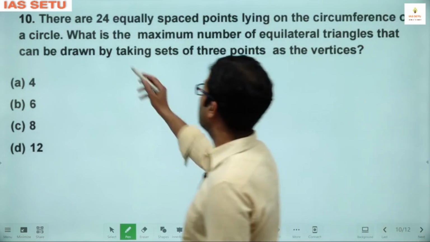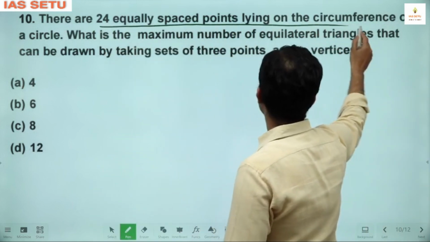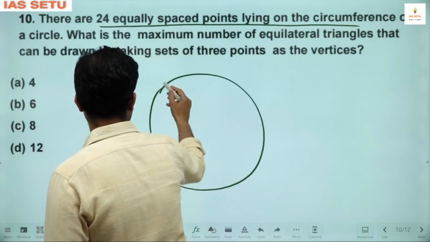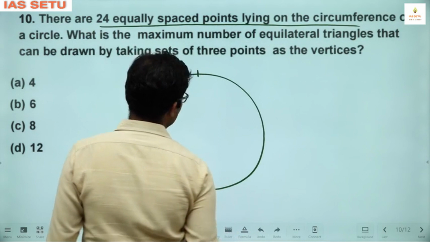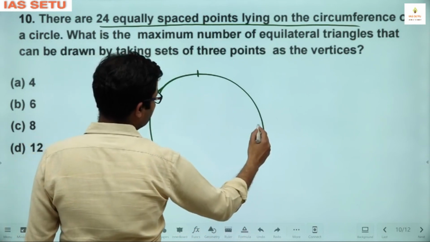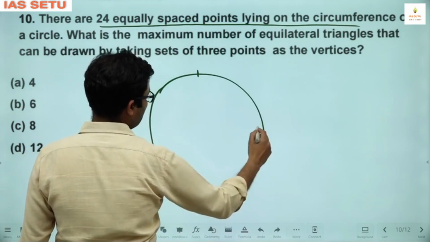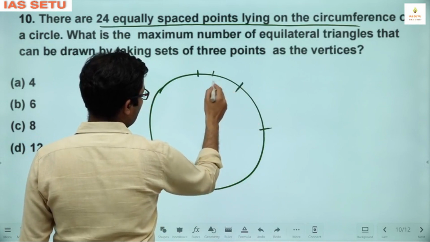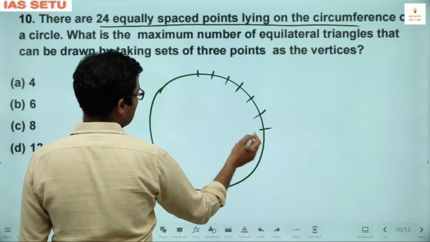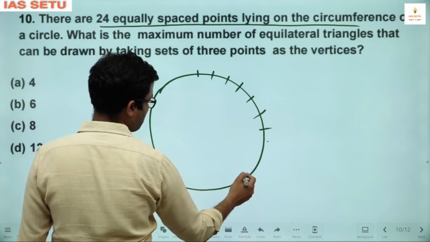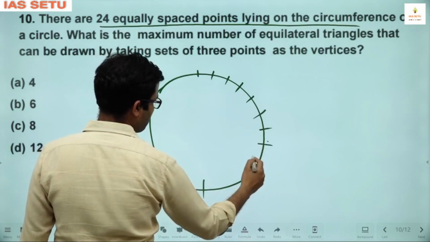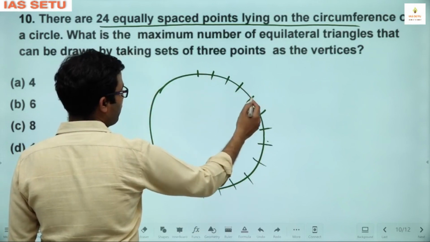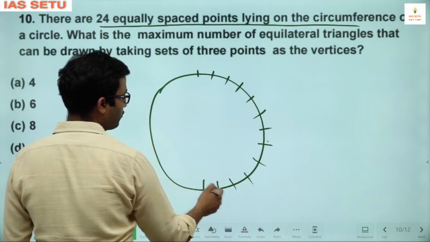Question number 10: there are 24 equally spaced points lying on the circumference of a circle. For example, the circumference is 24 centimeters.